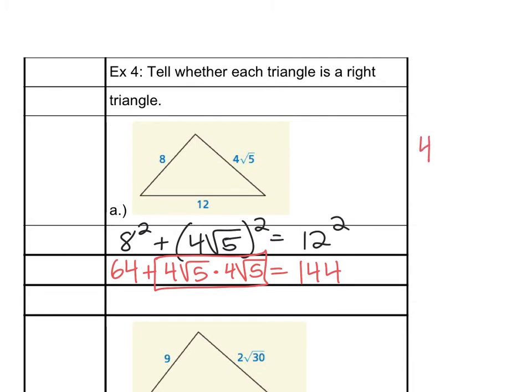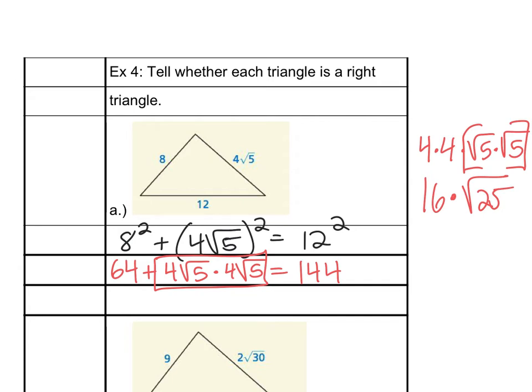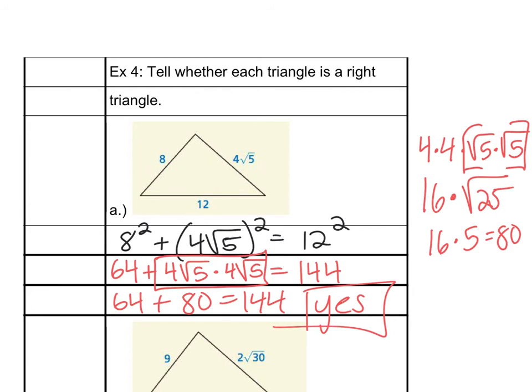I'm going to think about this as 4 times 4 times the square root of 5 times the square root of 5, just using the commutative property to rearrange that. So I have 16 times the square root of 25. If you think about it, the square root of 5 times the square root of 5 is just going to be a whole number, right? It's going to be 5. So if you want to skip this step that I just took, that's okay. So it's 16 times 5, which would be 80. So I have 64 plus 80 equals 144. So yes, this is a right triangle because that is true.